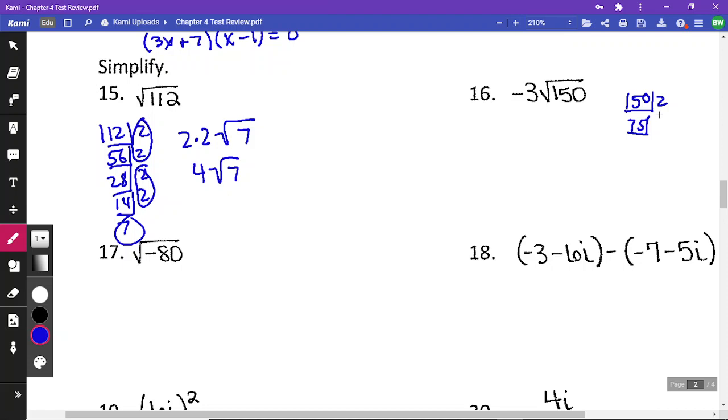Remember, these always have to be primes. Don't put a 25 here, because that's not a prime. So we could put 5 there, and then that's 15, and then do 5 again, and you get 3.